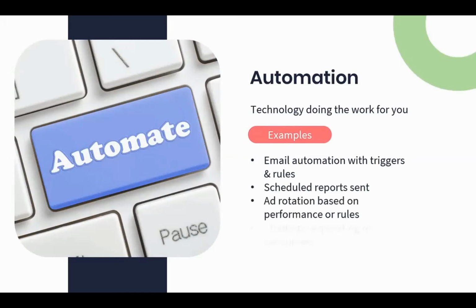Chatbots responding to consumers in a rule-based situation would also be automation, but others would be machine learning, as we covered just now. And then A/B testing. When you're doing a test, let's say a 50-50 split between people landing on one page versus another, that is an example of automation.